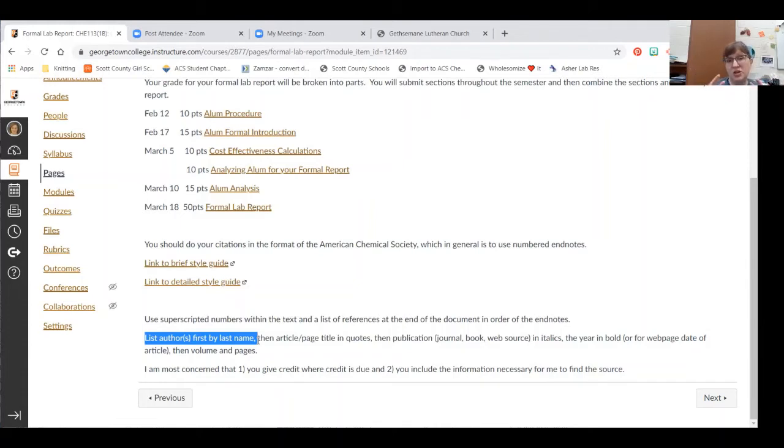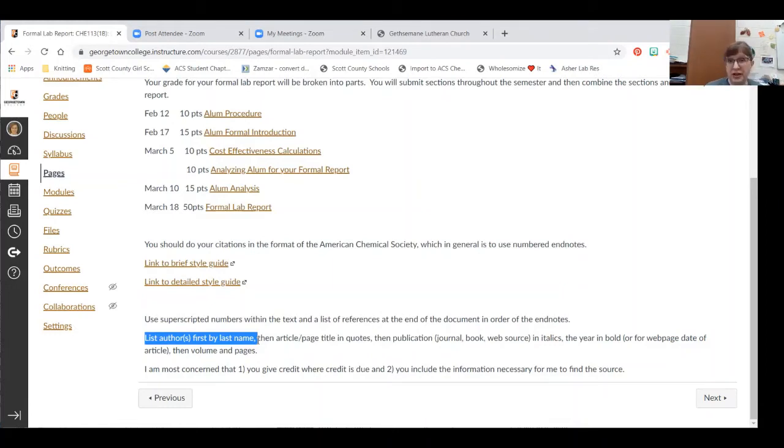If it is a web page, you put in quotes the title of the web page, the specific article on that web page. So maybe you're looking at the web site abcaluminum.com, but the article you're looking at is applications of aluminum recycling. So you would put in quotes, Application of Aluminum Recycling.